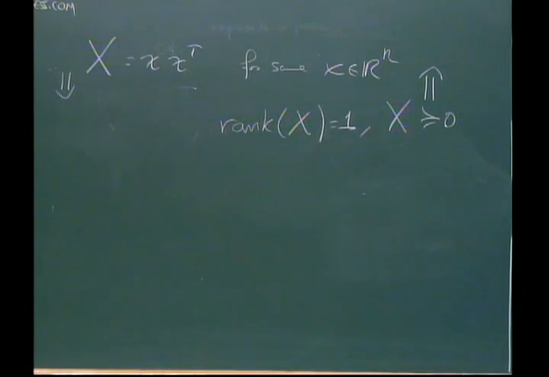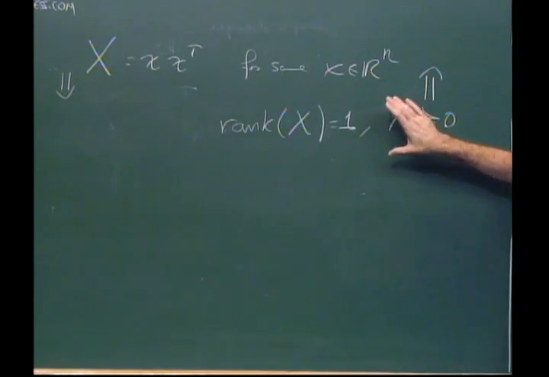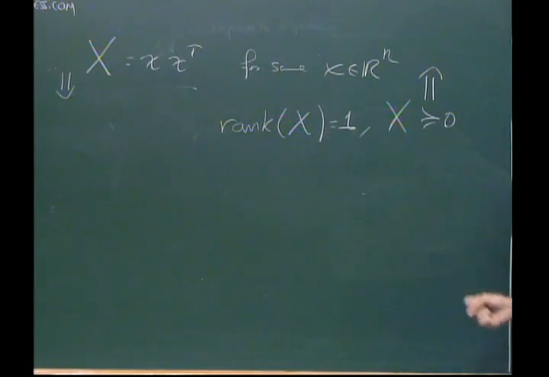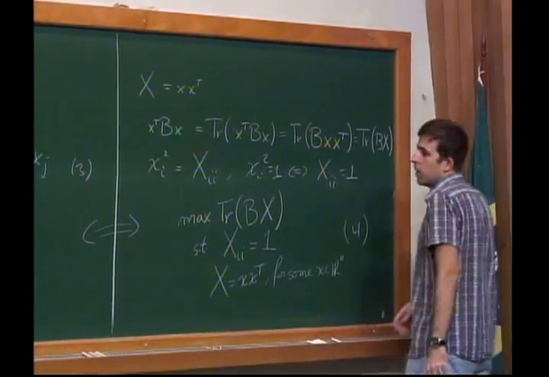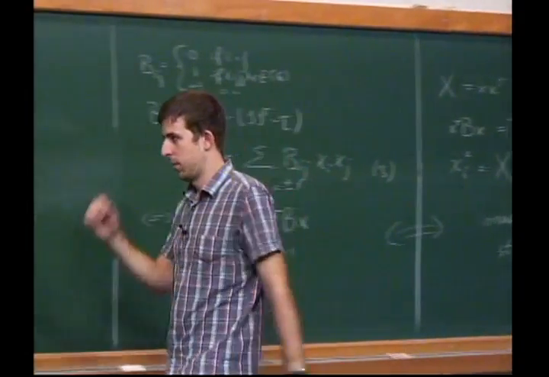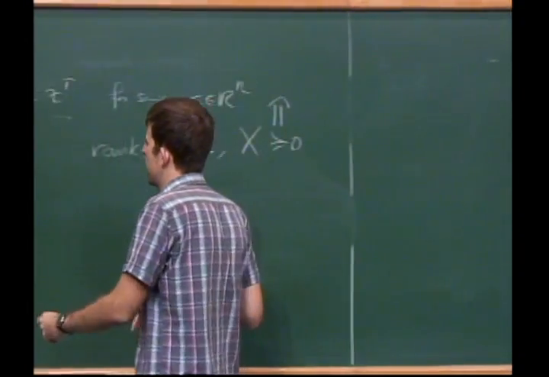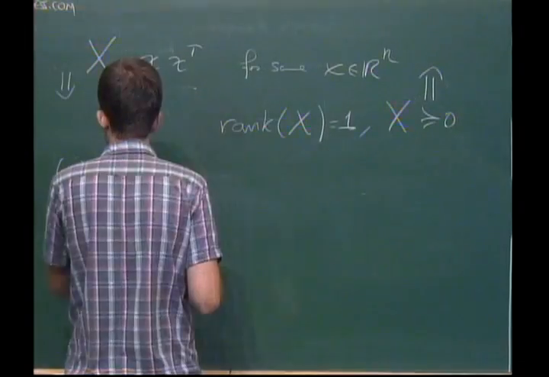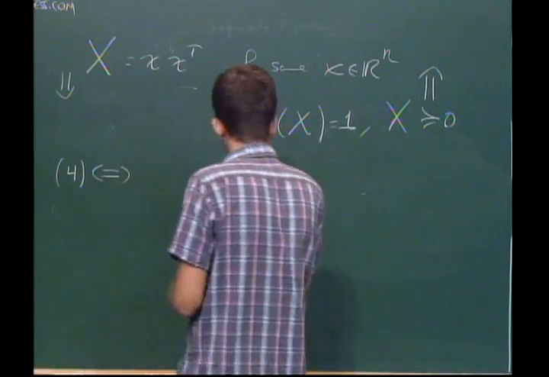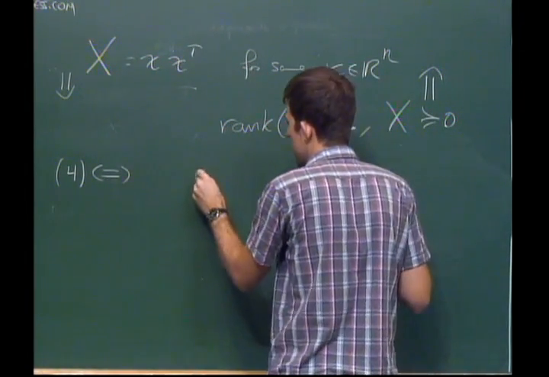So this means that this messy condition, I can now write it simply as X being positive semi-definite and the rank of X being 1. So now that problem over there, let's call it 4, is now equivalent to this.